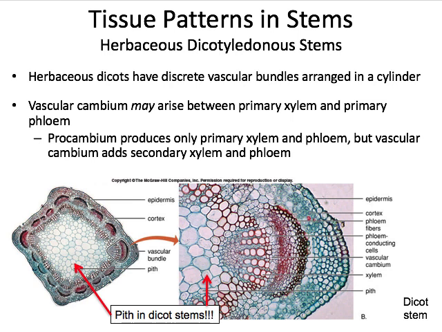Now, in some cases, these plants will develop a vascular cambium between the primary xylem and the primary phloem. So they might have a certain degree of secondary growth, but it's typically only in the bundle. It's not throughout the entire stem like we would see in a woody plant. Remember, we're talking about herbaceous plants in this example.